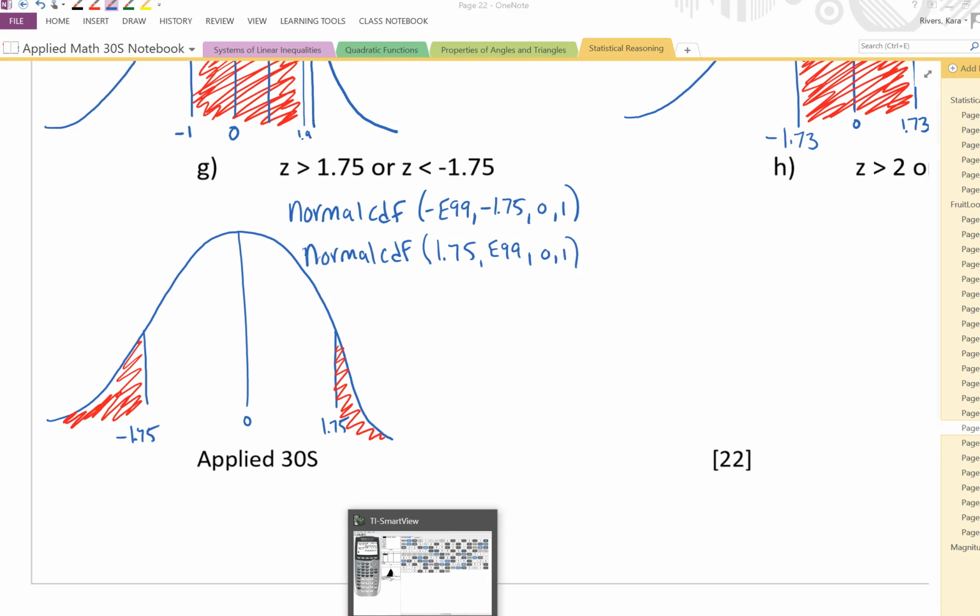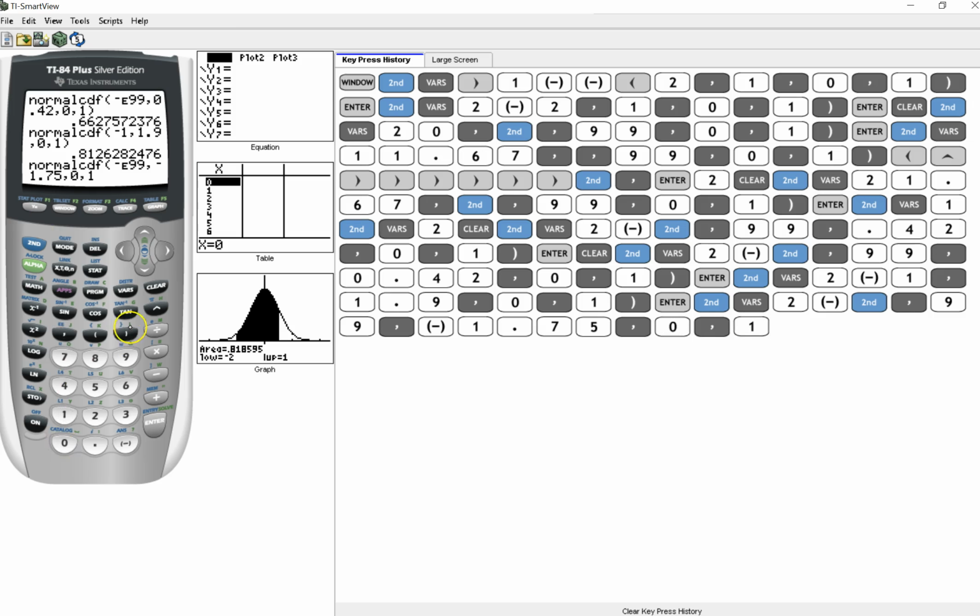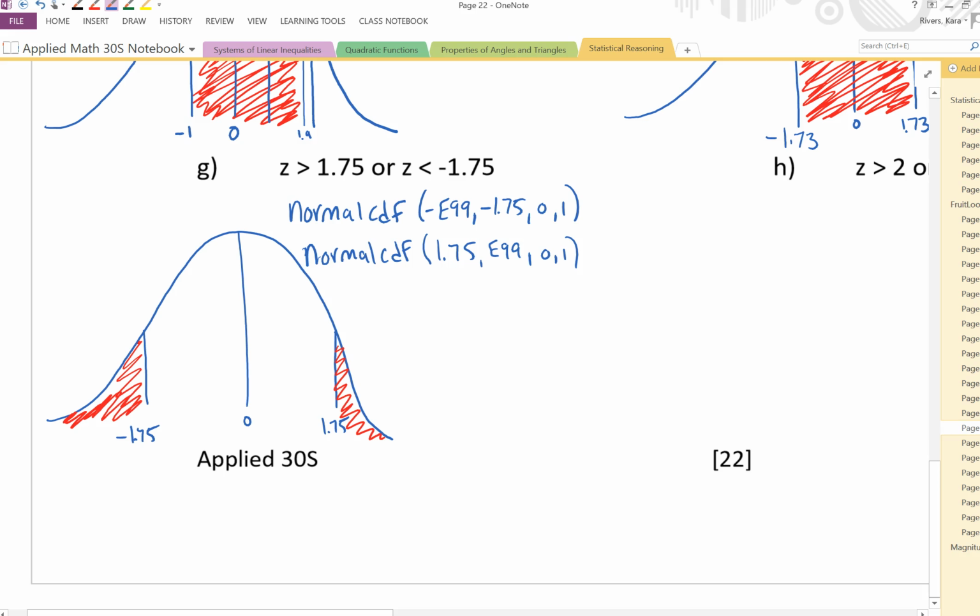So let's have a look at what the answer is for the 1. I go into my distribution, normal CDF. If I go from negative E99 to negative 1.75, I get a value of 0.04006.